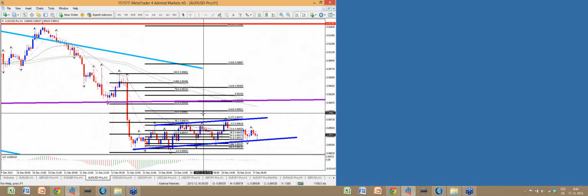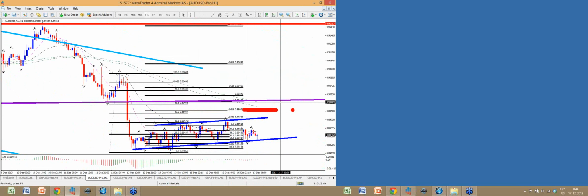We also have the 50 fib itself, which could already be a bouncing spot, together with the minus 618 target. That confluence could already be enough to send it lower.